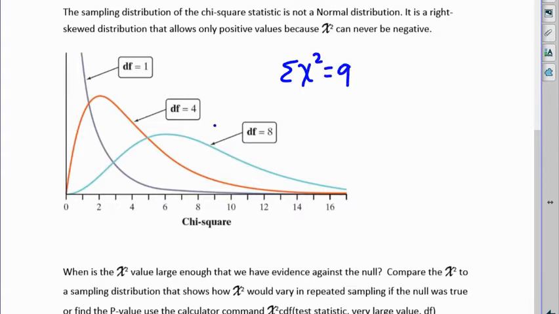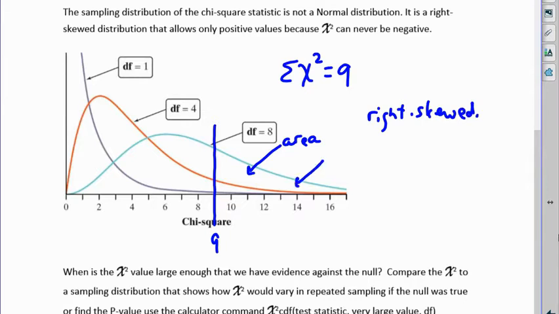Well, then you would go to your graph at 9 and wonder, based on your degrees of freedom, what is the area of the tail? Because this is right skewed, we're always testing that tail on the right. So this is our test area.